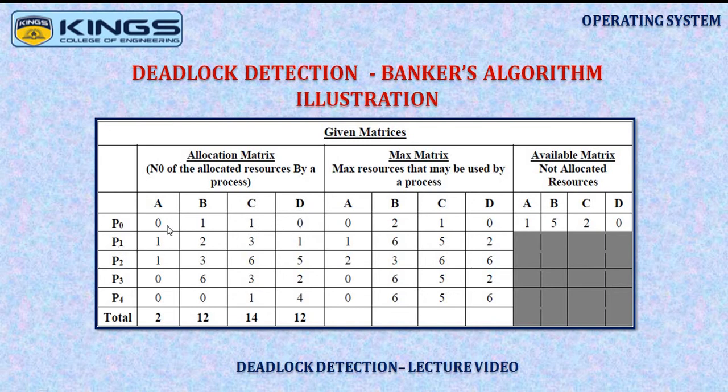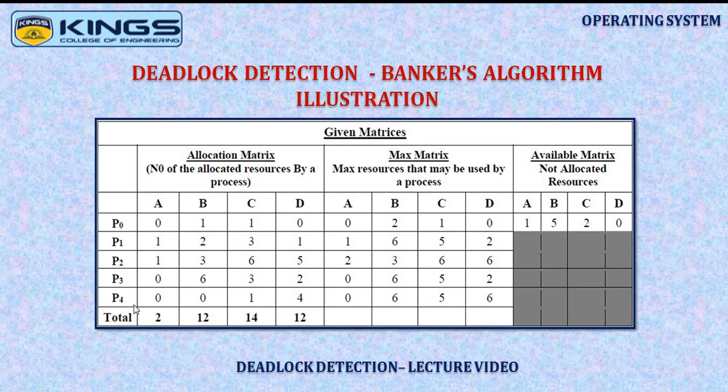Similarly, process 1 has been allotted 1 instance of A resource, 2 instances of B resource, 3 instances of C resource and 1 instance of D resource. Process 2 has gained access to 1 instance of A resource, 3 instances of B resource, 6 instances of C resource and 5 instances of D resource. Similarly, the entries for P3 and P4 processes are given here.